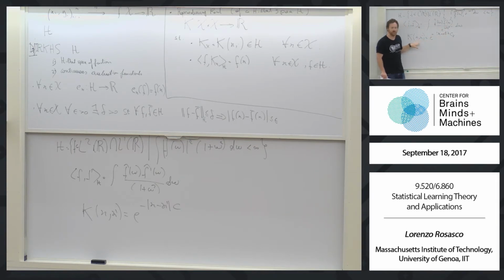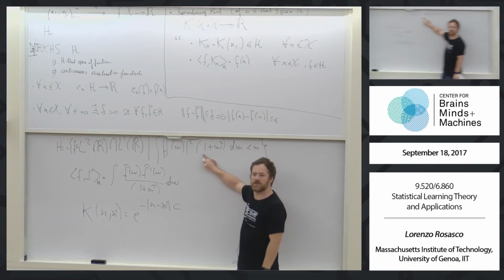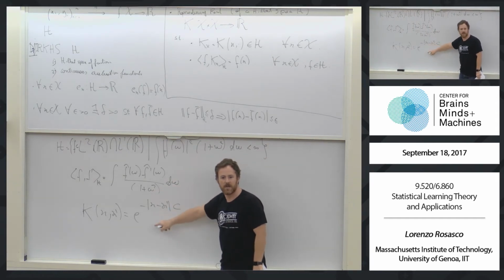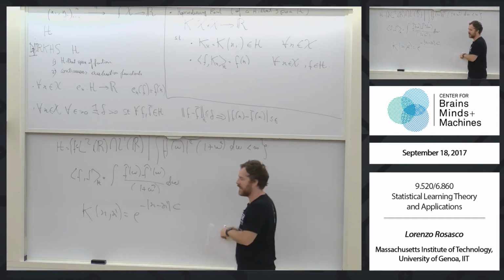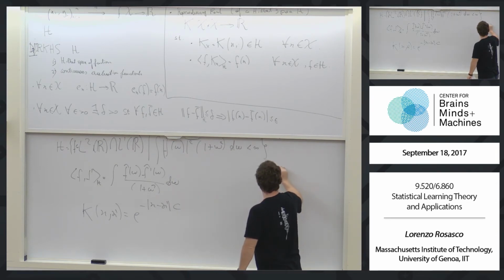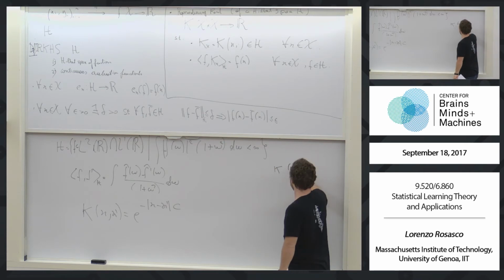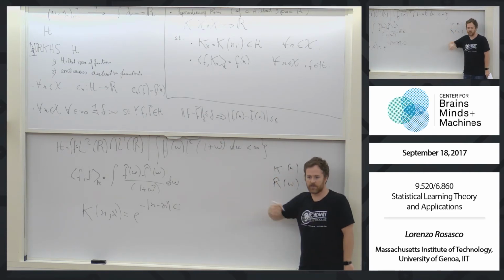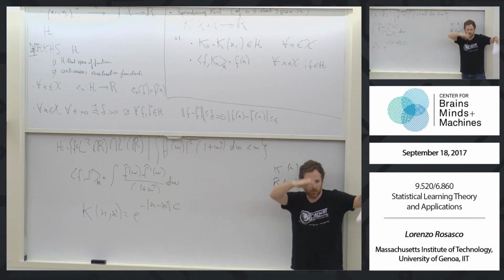But then, boom, I got some kernel out, which is related to the Fourier transform of this thing here. Here the same. Use this one function here to reshape it. Can I actually consider some generic function of one variable, okay? So can I just consider some function of one variable, and use its Fourier transform to build spaces of functions and kernels, just by telling you exactly what kind of shape you have?